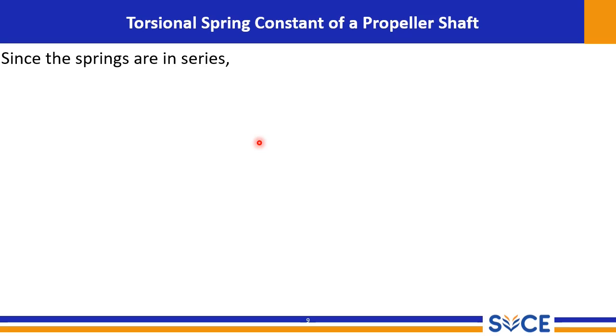In that case, the formula simplifies to K_T equivalent equals section torsional stiffness 1 times section torsional stiffness 2, divided by the summation of the two section torsional stiffnesses.